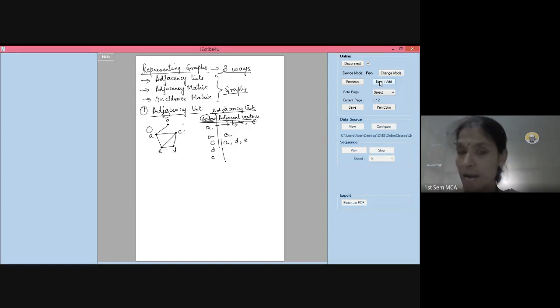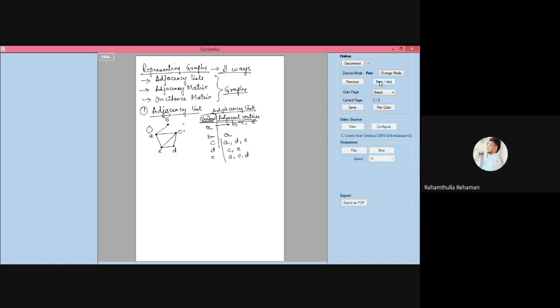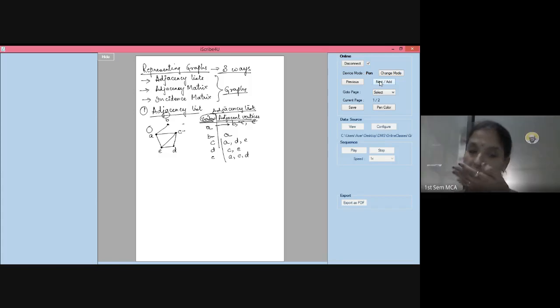For D, we have C, comma, E. For E, we have A, C, D. So this is called an adjacency list. So adjacency list means what? First we list down all the vertices that are there in the graph. For each of the vertices, what are the adjacent vertices to that particular vertex?